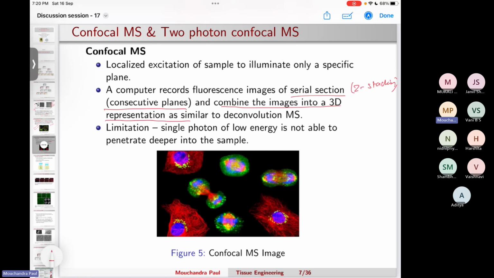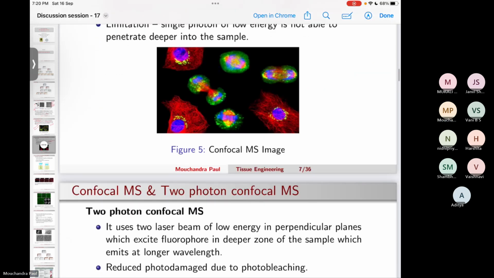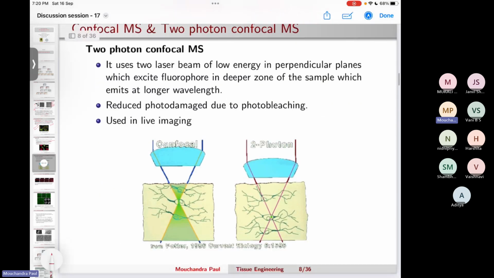Now there are different types of confocal microscopy available. One type uses only a single laser, also called single photon, and then there is two photon when two lasers are used. And there is multi-photon, more than two. The benefit of using more than one laser is shown in this particular figure.